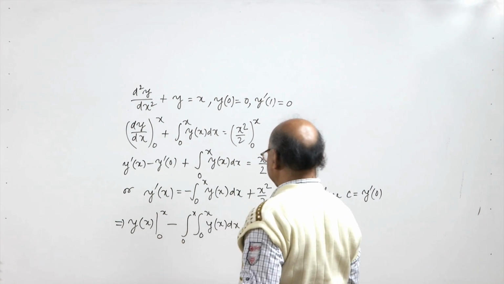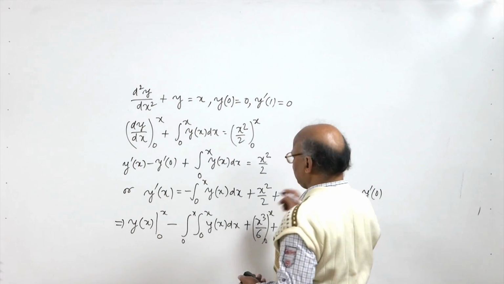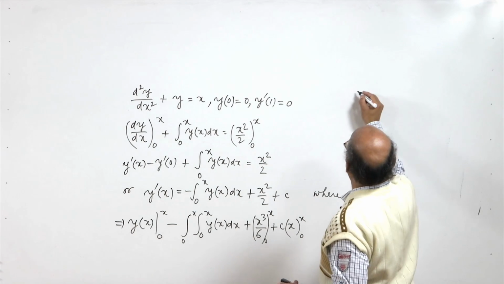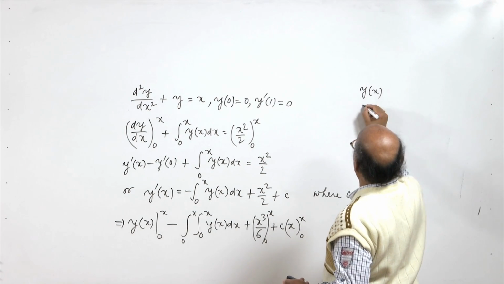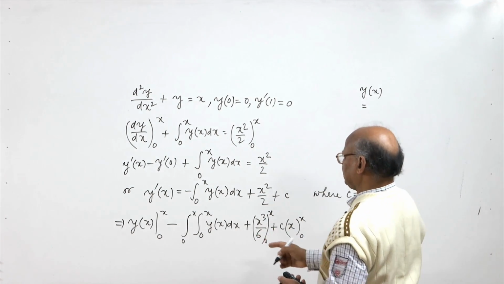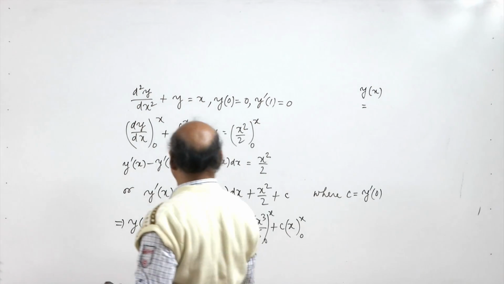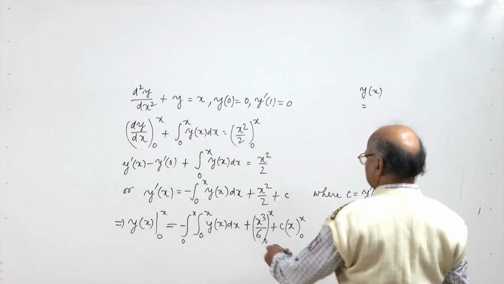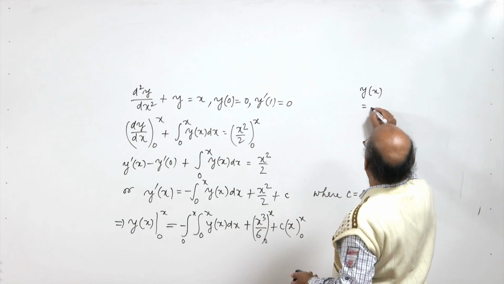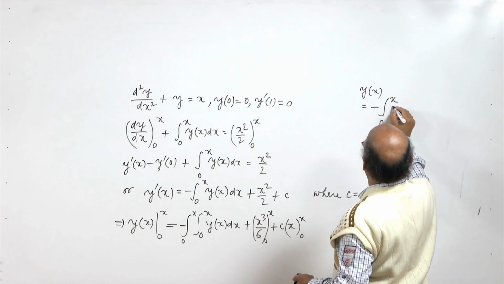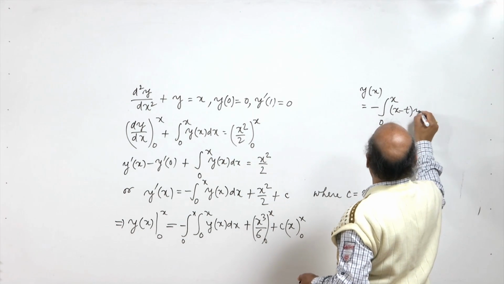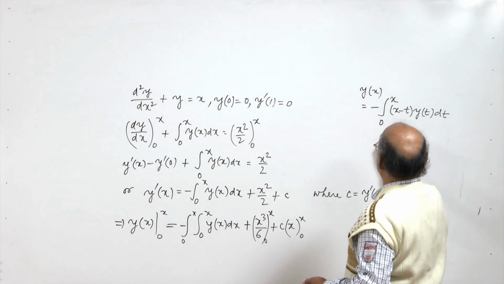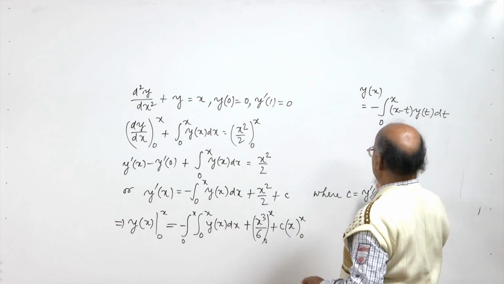This will give you y(x) minus y(0), and y(0) is equal to 0, so we will get y(x) equal to, now this double integral can be converted into a single integral, so minus integral 0 to x, (x - t) y(t) dt, plus x³/6 plus cx.